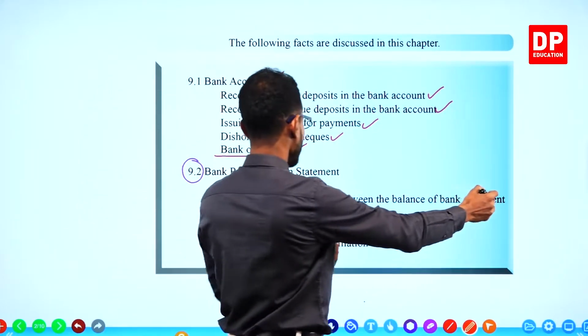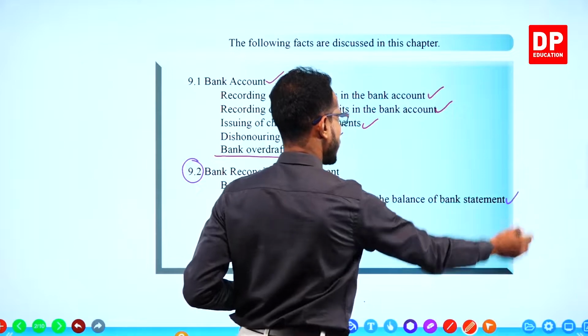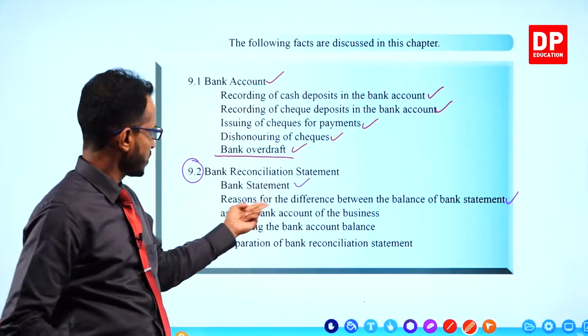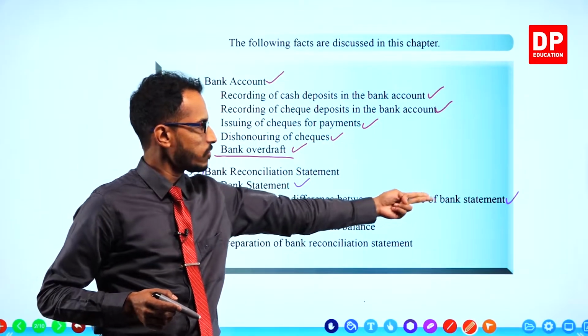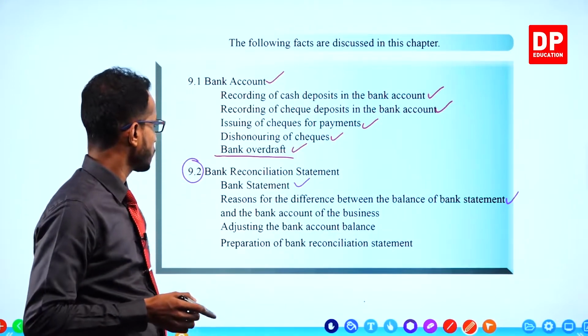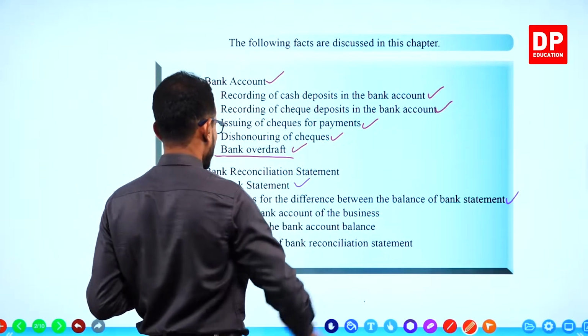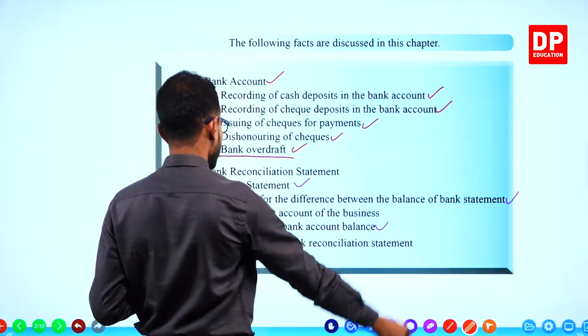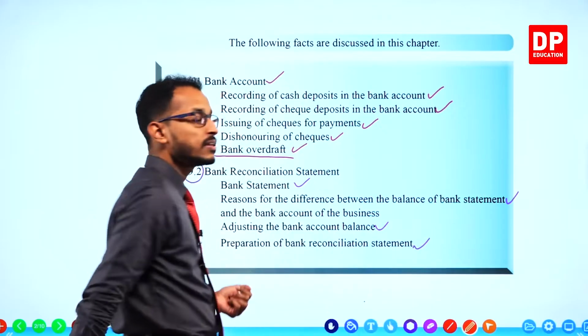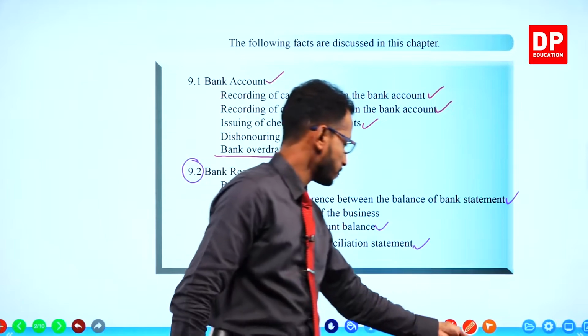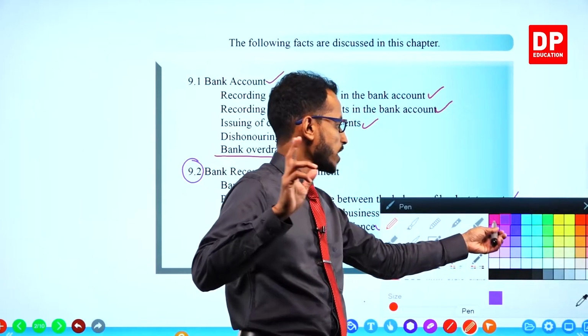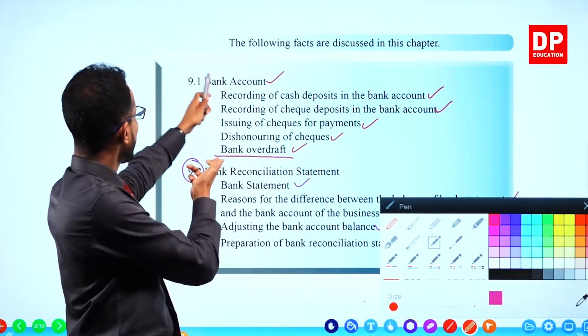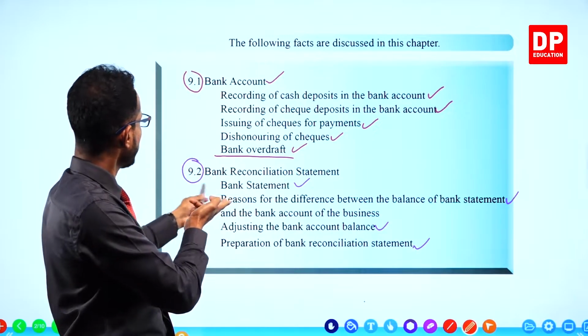Reasons for the difference between the balance of the bank statement and the bank account. Adjusting the bank account balance, preparing the bank reconciliation statement. So that's that. 9.1, 9.2.